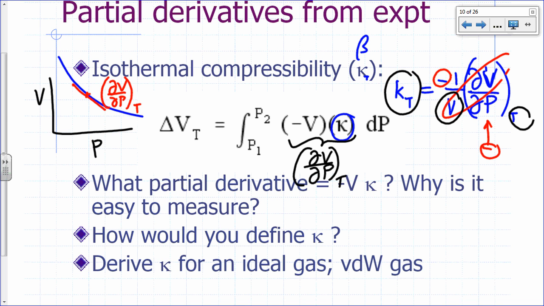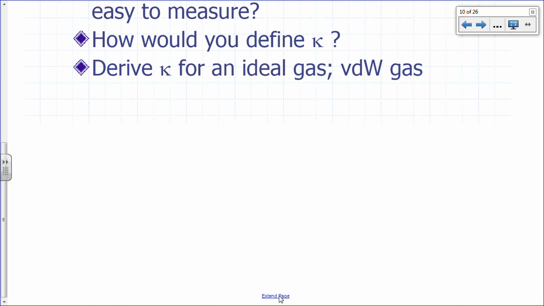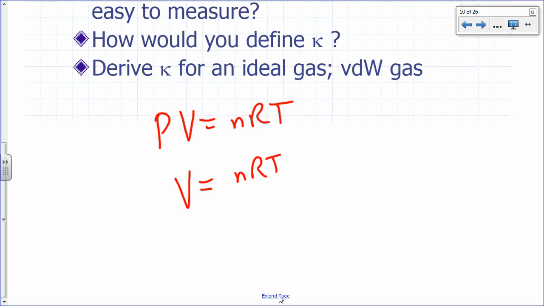So what is kappa for an ideal gas? Let's start off with PV equals nRT. Let's express V as a function of pressure. So it's nRT times 1 over P, right?